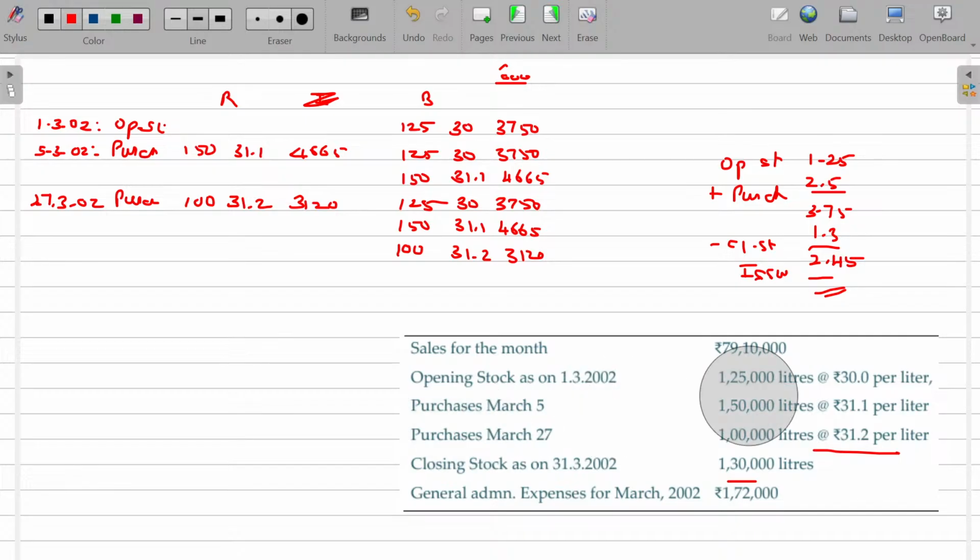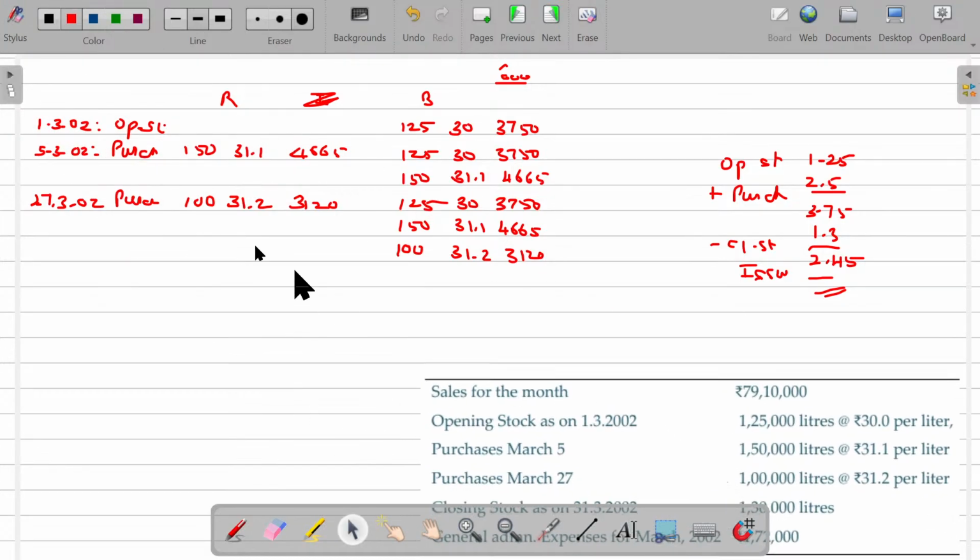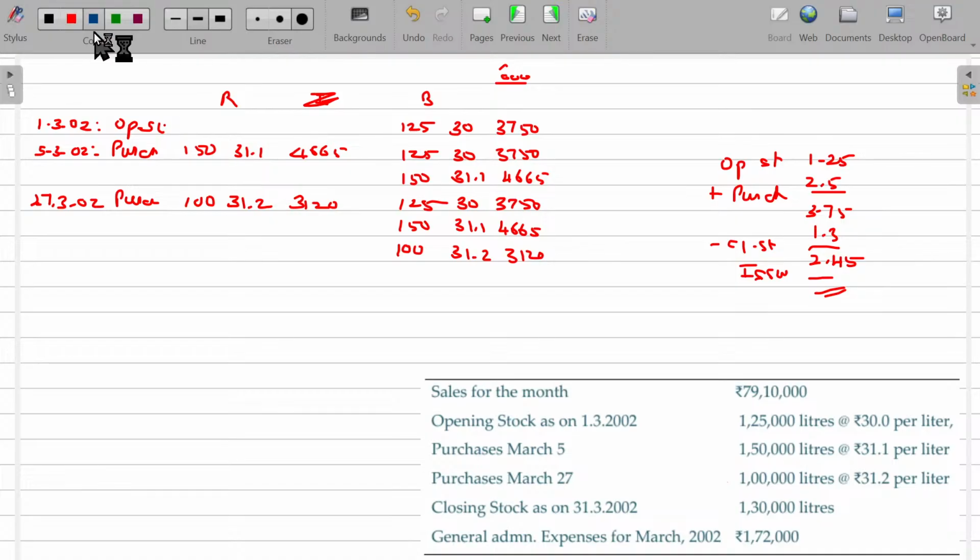Now we have the issues. Which method am I going to follow? FIFO method. In case of the FIFO method, how will the issue be priced? 245,000 liters were issued.